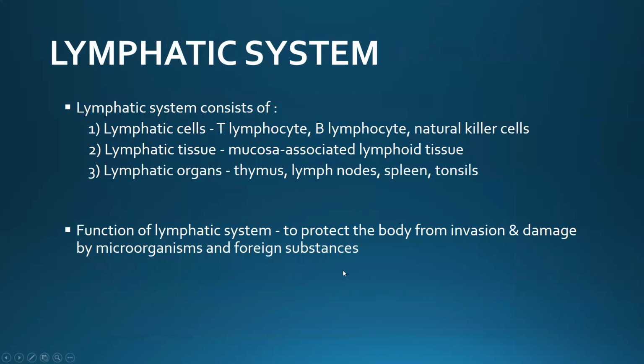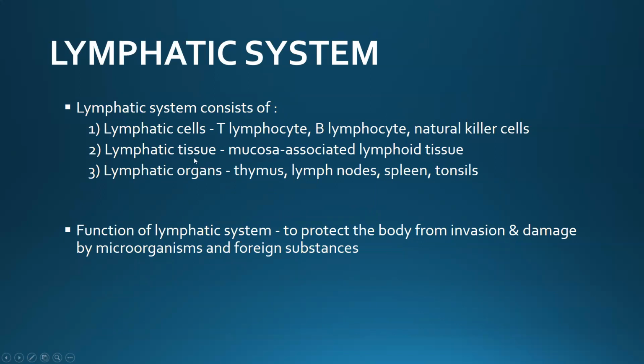What is the lymphatic system as a whole? The lymphatic system consists of lymphatic cells, lymphatic tissue, and lymphatic organs. For the lymphatic cells, there are T lymphocytes, B lymphocytes, which are white blood cells, and natural killer cells.